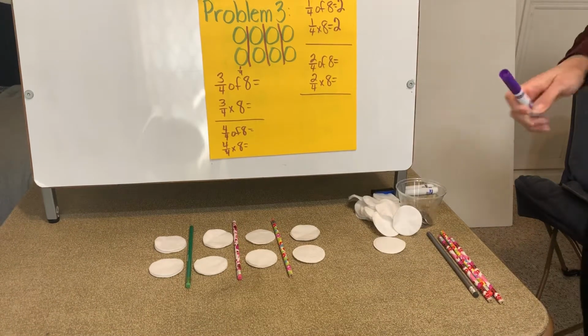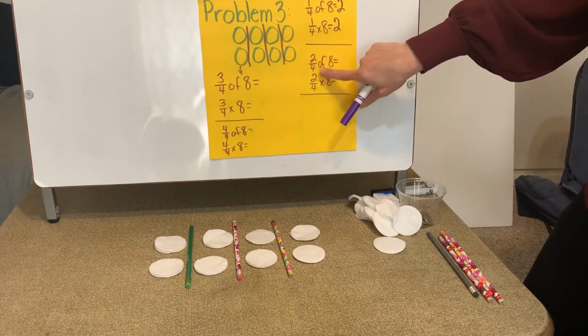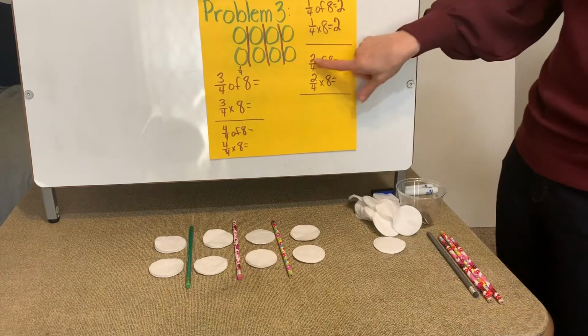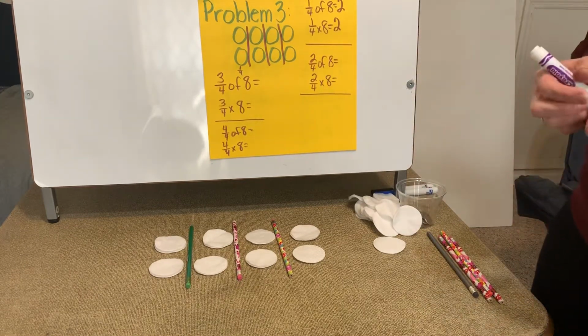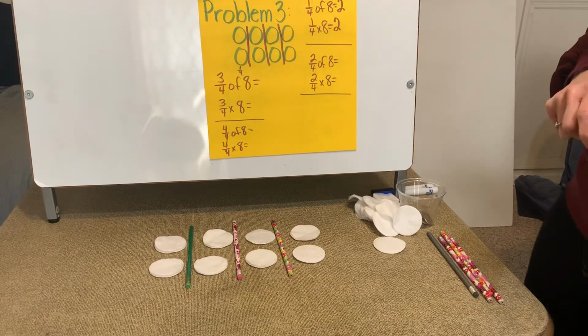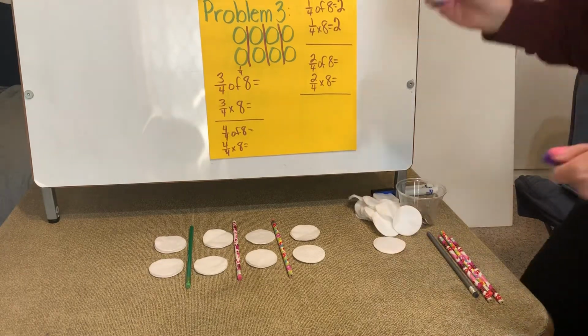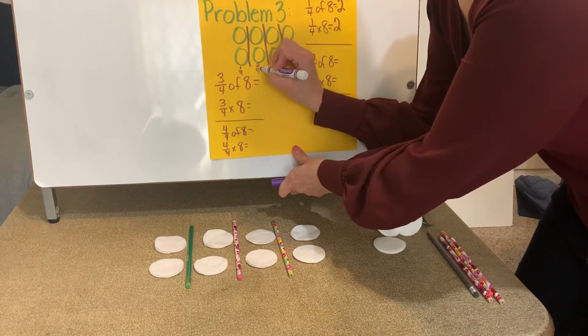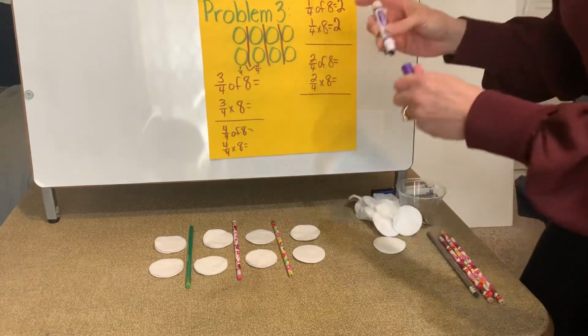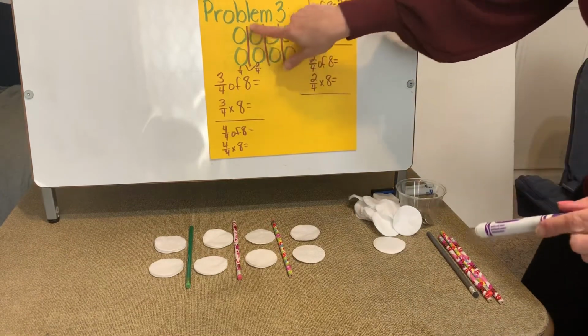All right. Now again, I have 2/4 of 8. Well, 2/4 of 8, I know 2/4 is equivalent to half. I know what half of 8 is, but I need to check with my picture. So 2/4, we've got 1/4 here, 2/4 here. That would include both of these. So we've got 2, 4.